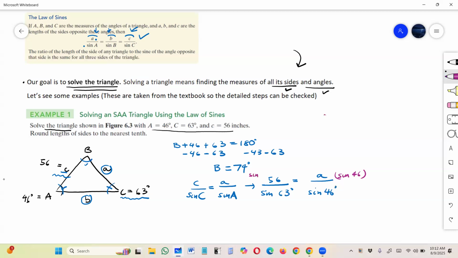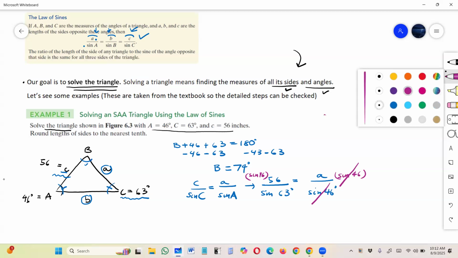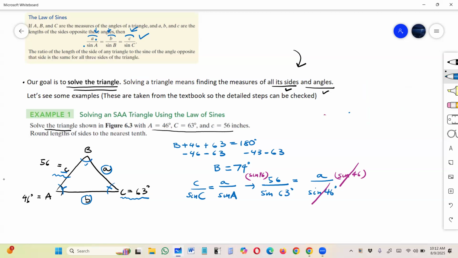So I'm going to squeeze it in here. Now look what happens. On this side, this cancels with that. And I'm left with a equals sine of 46 times 56 over sine of 63.